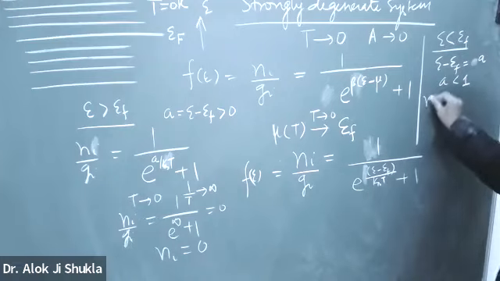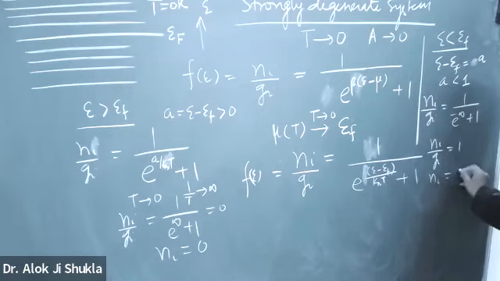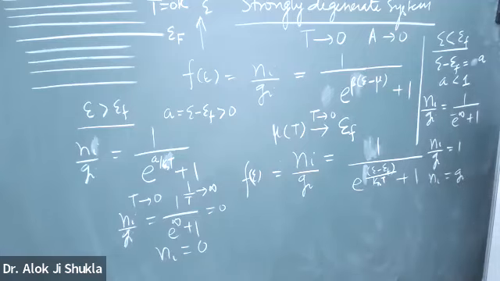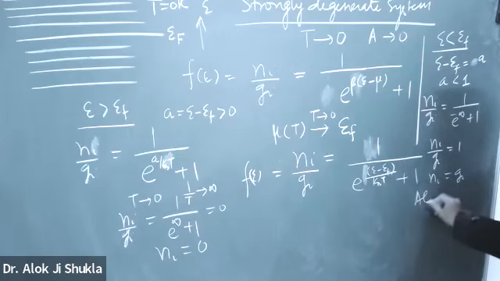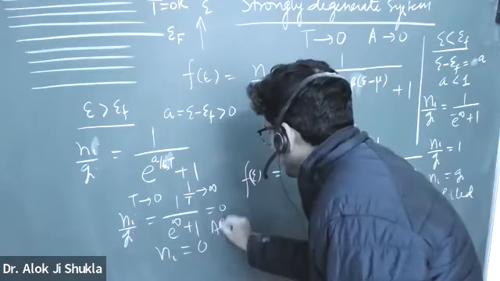So Ni by Gi is 1 upon e to the power minus infinity plus 1. So Ni by Gi is 1. That means Ni is equal to Gi. That means every degenerate level will have the particles. So that means all filled. So this is all filled and this is all empty.